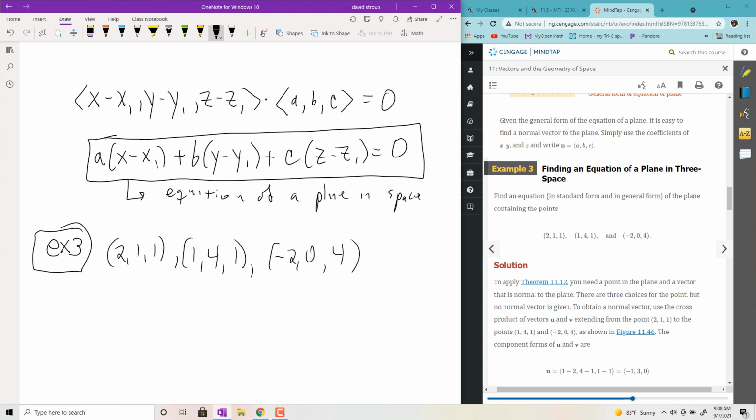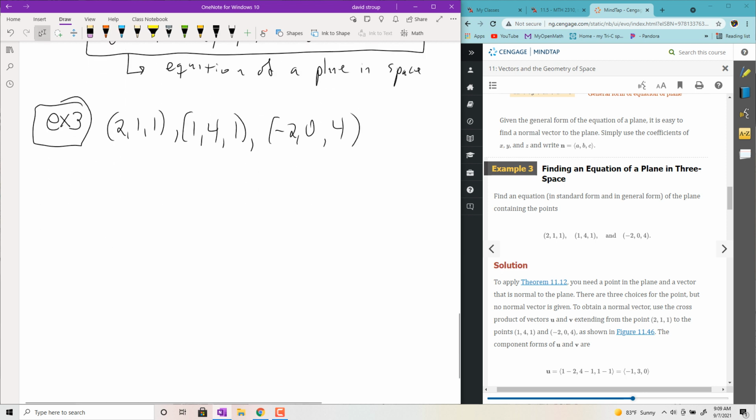So the spiel is they're not giving you the normal vector. It's easy if they just give you a point and a normal vector. Just a sub-example here: if they give you a point and a normal vector, let's say 2, 1, 3, the equation of the plane is pretty simple.